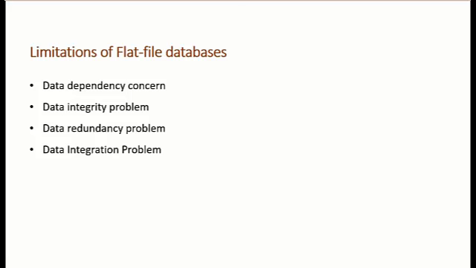The fourth limitation of flat file databases is data integration. In a flat file or file-based system, data is stored in separate and independent files. It is more difficult to access data from different files stored at different locations. That is called isolated files.